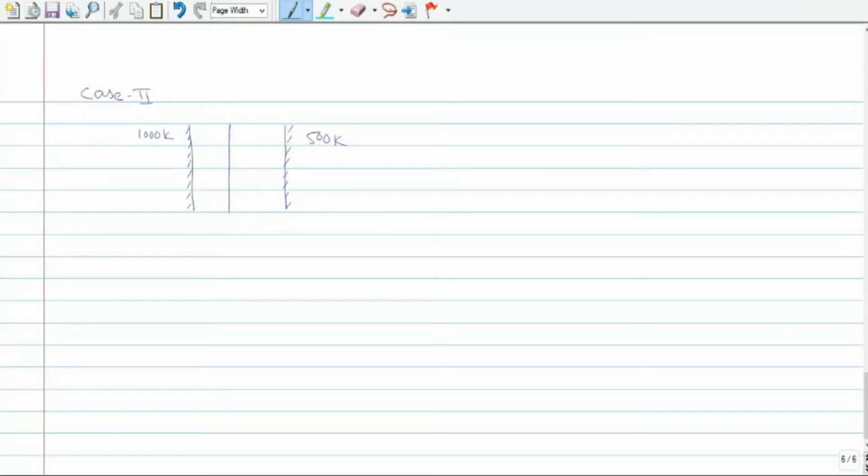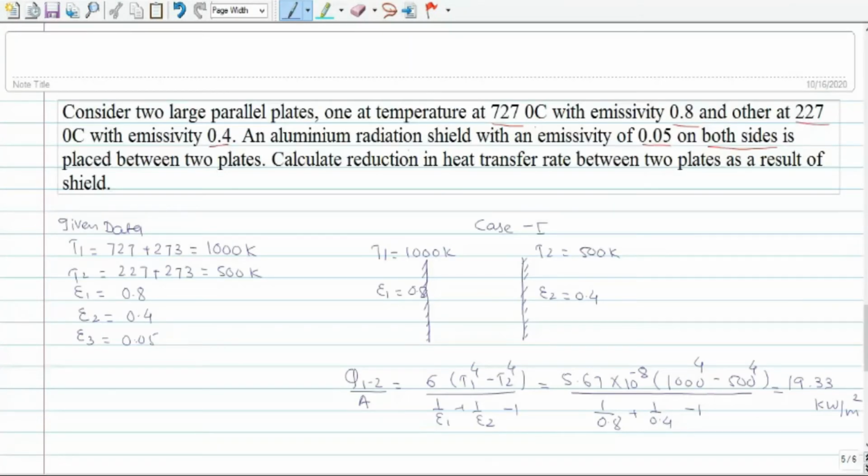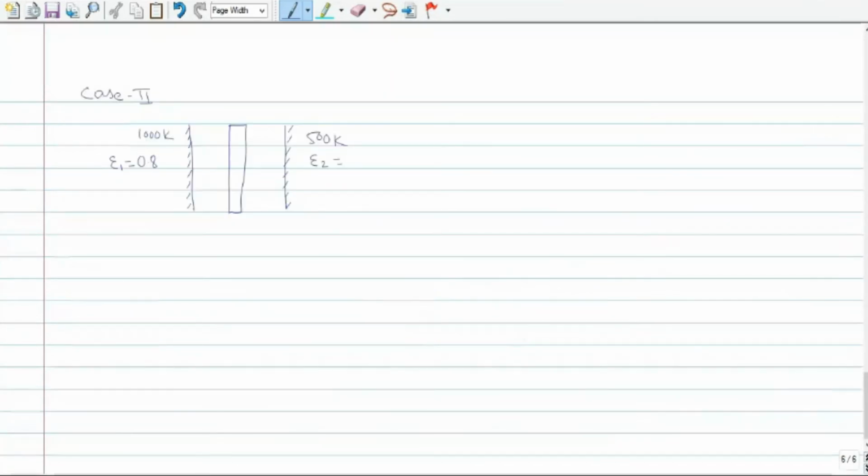We put one shield over here, and here the emissivity E1 is 0.8, and E2 is 0.4, and the shield has an emissivity of 0.05.